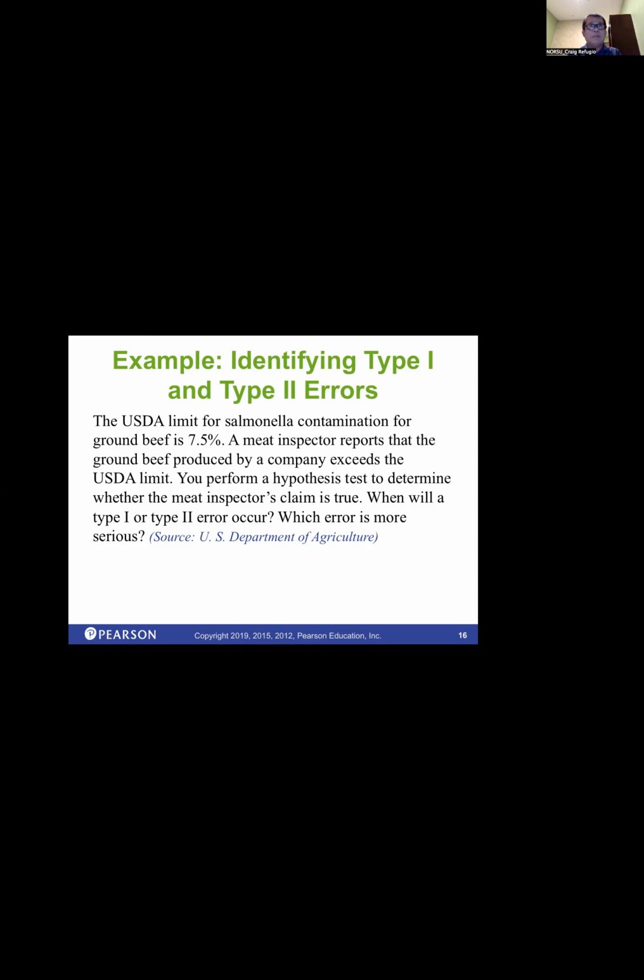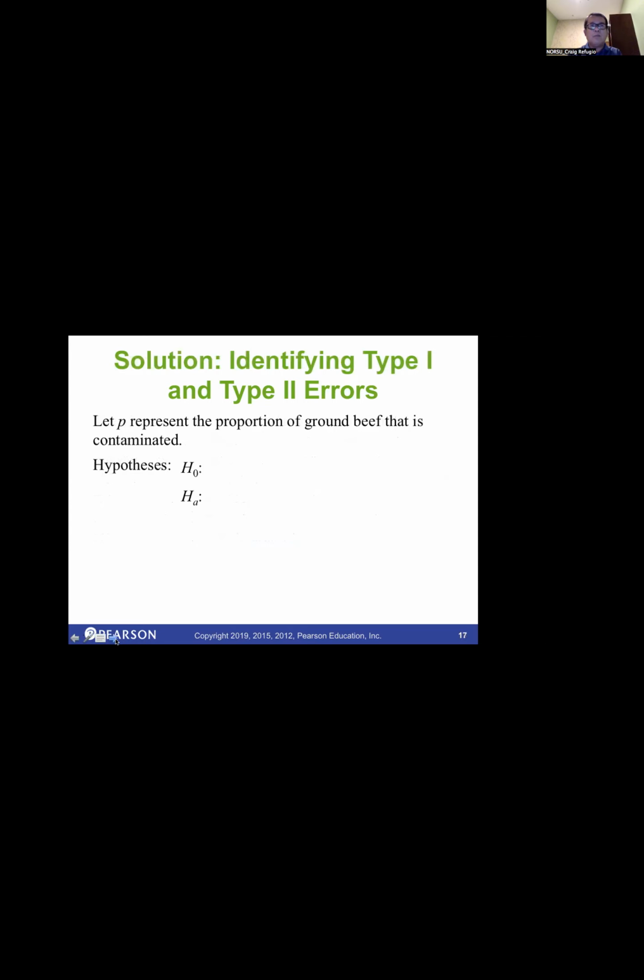And take note that we have different mathematical statements, and there are corresponding verbal statements. So it must be less than or equal to 7.5%. So we have greater than 0.075, and we have less than or equal to 0.075.